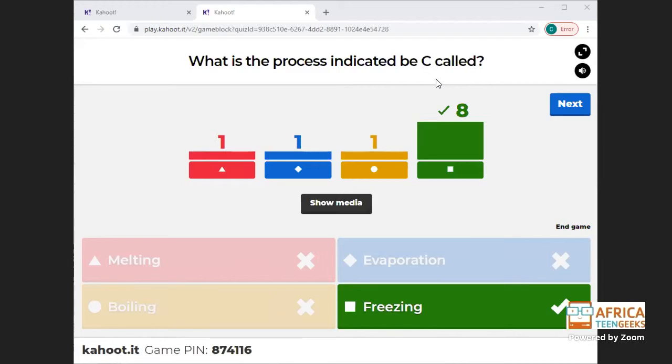So you go on the Zoom meeting to read the question, then you go back to kahoot.it to select your answer. That is why, guys, I said if your device can do a screen share, do that. It is much better to use it. Are we all following? Can we continue?